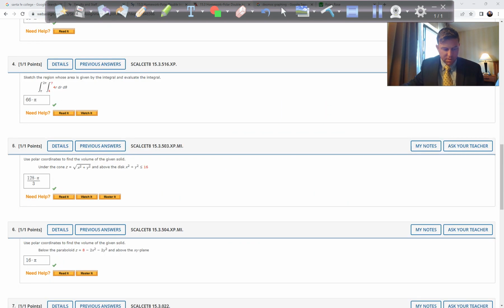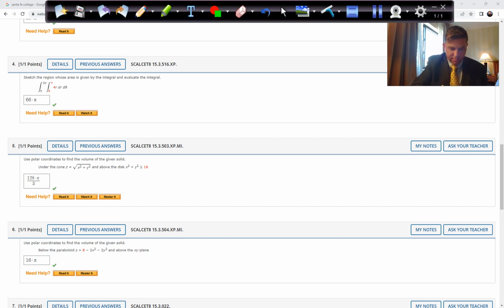Problem 6. Use polar coordinates to find the volume of the given solid below the paraboloid, z equal a bunch of stuff, and above the xy plane. So for the first thing, just like last time, we're going to isolate z, and they actually did it for us, so that's nice. z is equal to 8 minus 2x squared minus 2y squared, and above the xy plane.